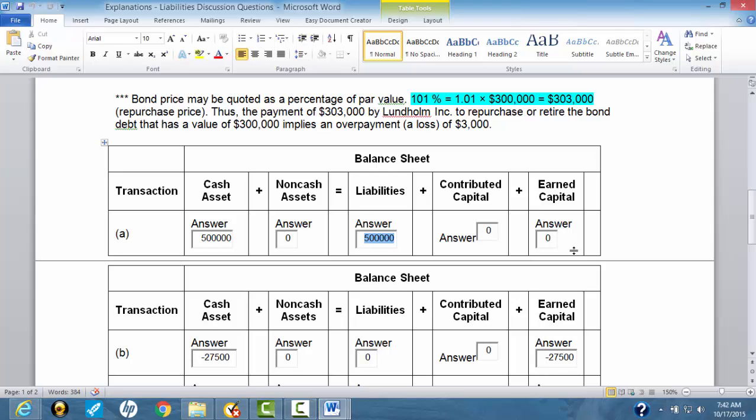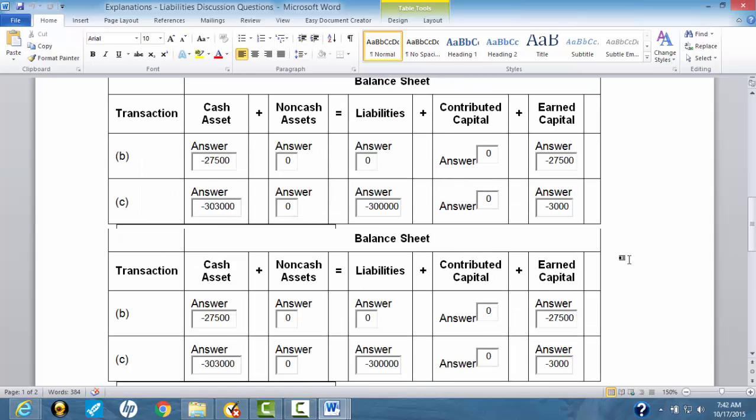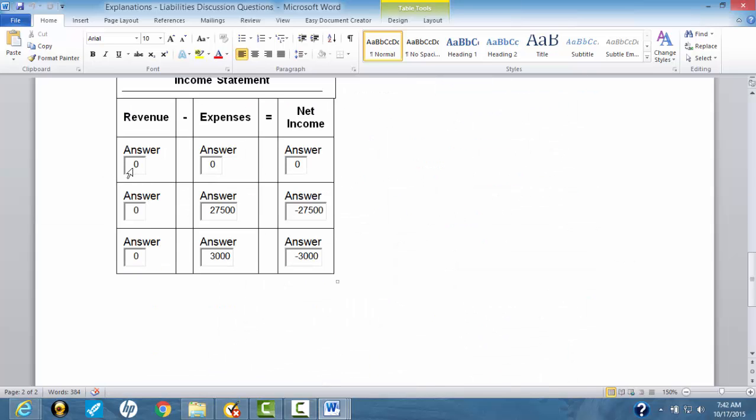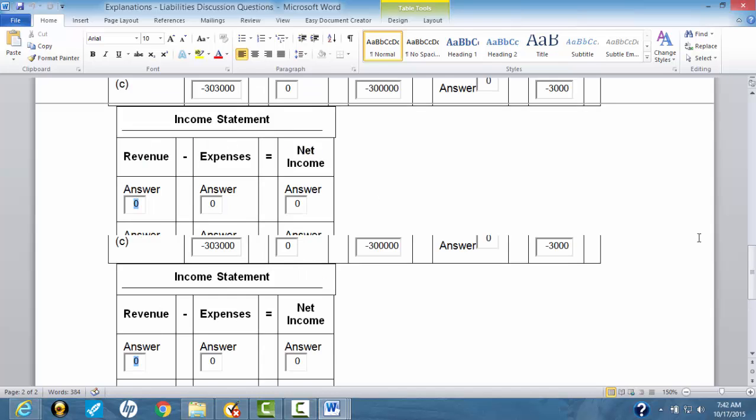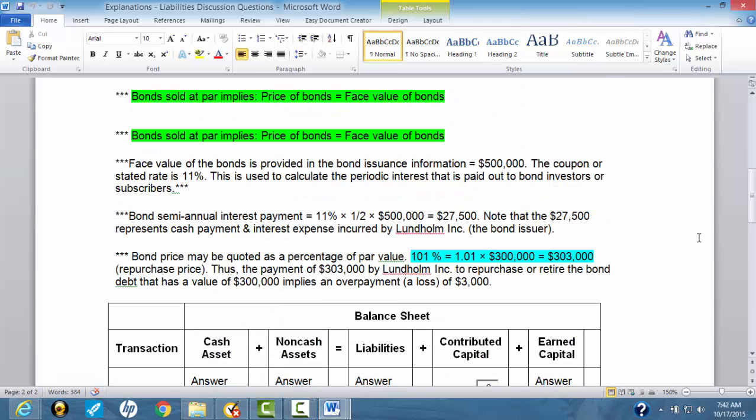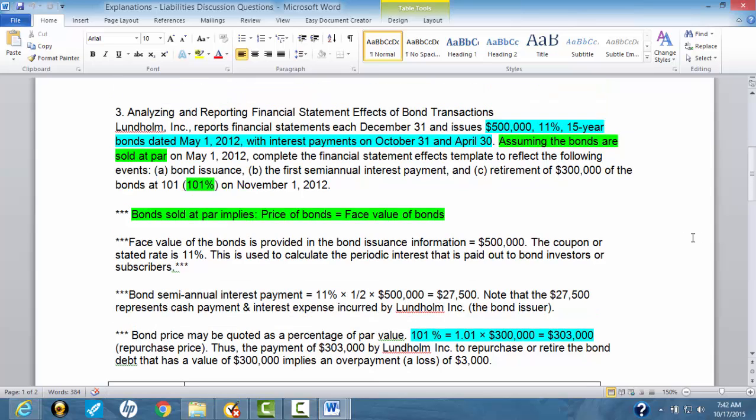Note that no revenues or expenses have been earned or incurred, so nothing goes on in the income statement.